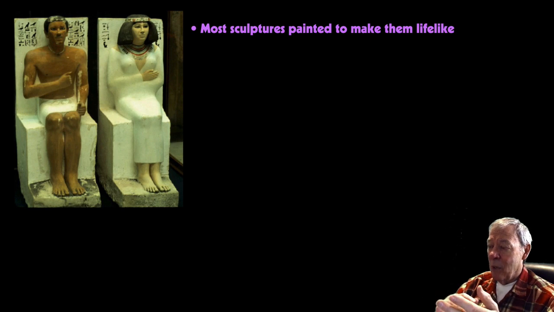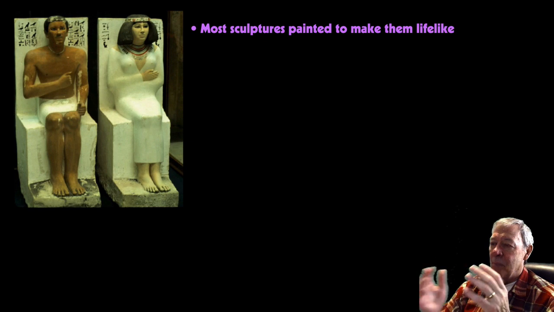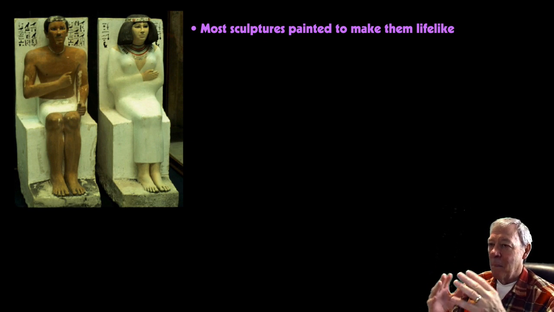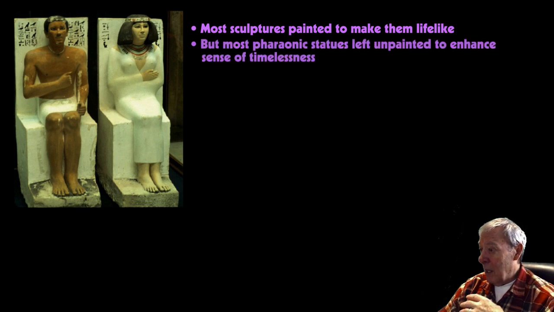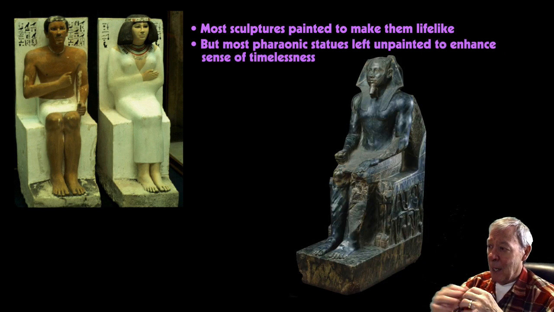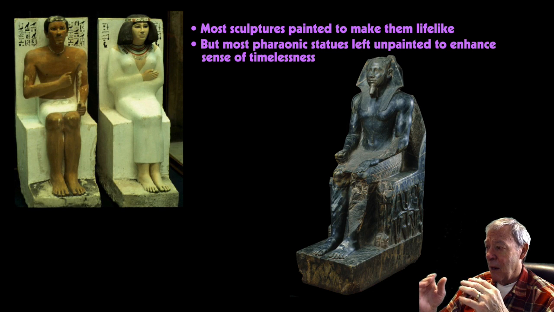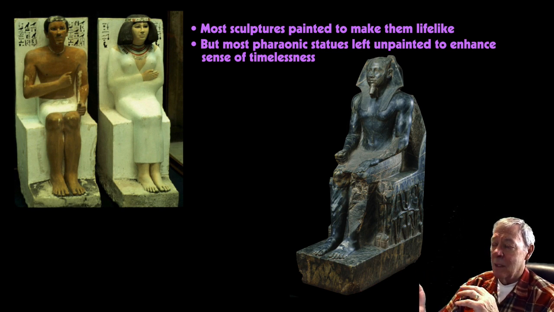Why, when they were rejecting lifelike qualities, I can't explain, but nevertheless, most sculptures are painted to make them seem more lifelike. But most pharaonic sculptures were left unpainted like this one of the pharaoh Khafre, in order to enhance a sense of timelessness.